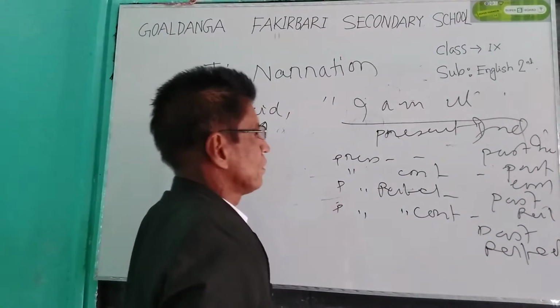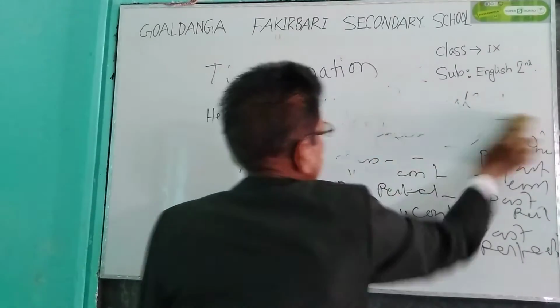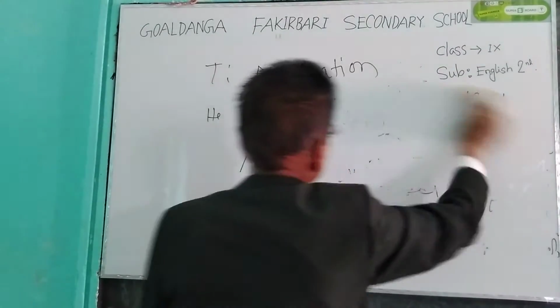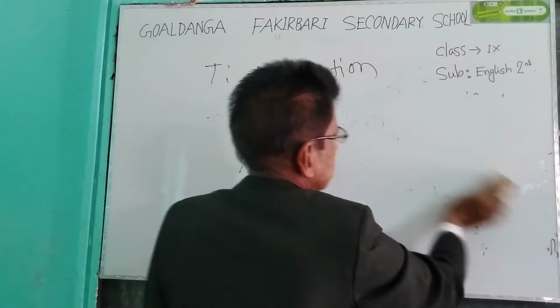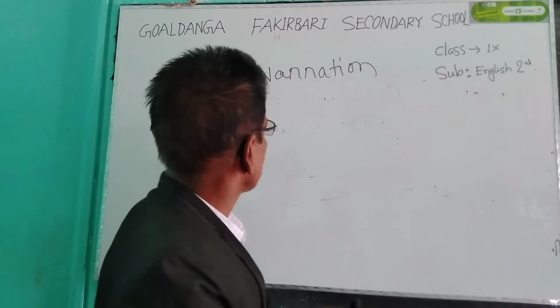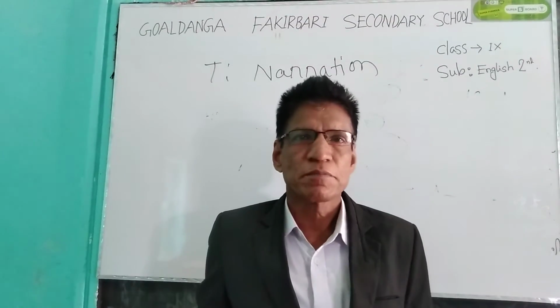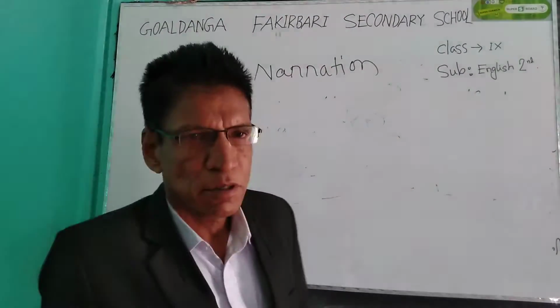Okay. Now, another rule: if the reporting verb is in the present tense or future tense, then the verb of the reported speech must not be changed and remains in the corresponding present or future form.